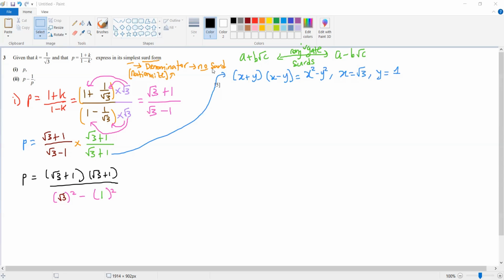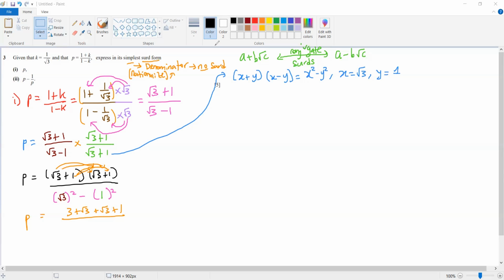So let's do the remaining part. We write in the next line: root 3 times root 3 is 3. Then root 3 times 1 is plus root 3, and 1 times root 3 is plus root 3. Everything from the first bracket multiplies with everything from the second bracket individually with the signs, so plus 1 like that. Four terms, four combinations.